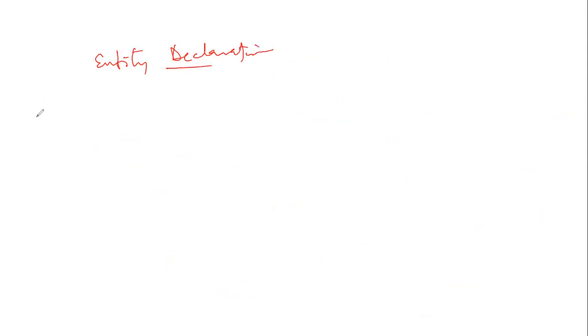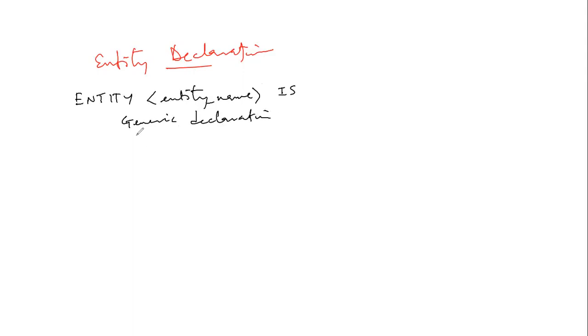So you're going to have something like this: entity, then we're going to put the entity name, right? Then we say the entity name is. Under this, we have two declarations to make. We have the generic declaration, talking about VHDL now, a VHDL program.